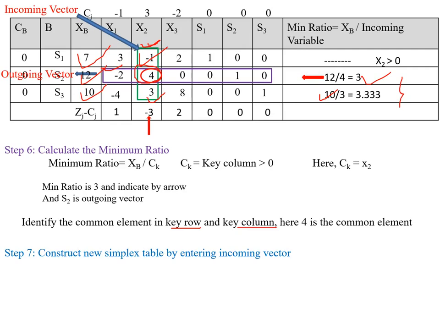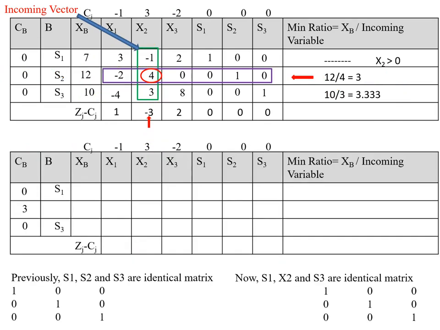Next we have to construct the new simplex table by entering the incoming vector, that is x2, and s2 is the outgoing vector. So once again we have to construct the new simplex table, and this is the new simplex table.